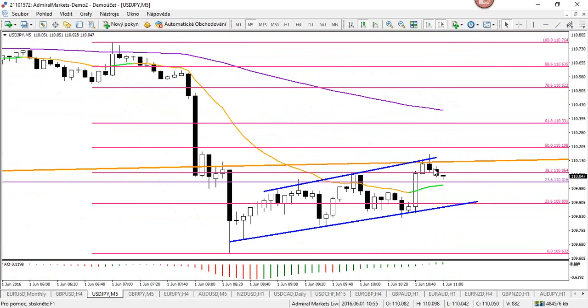Let it hit the 50. It's kind of hanging in between. It kind of missed the 50 a bit. The pivot is slightly higher. This pivot point is at the 61.8 fib.